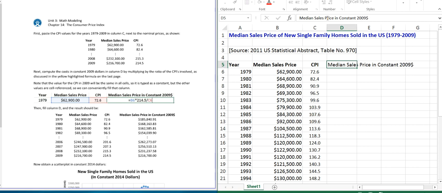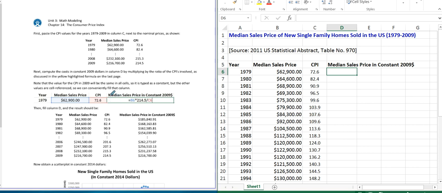So we're going to convert these into constant 2009 dollars. When the median sales price of a home in 1979 was $62,900, we want to ask ourselves, what would that be like paying for a house in the year 2009? So when your aunt and uncle say, oh yeah, we only spent $63,000 for our first house that we bought in 1979, what would that have been equivalent to paying in the year 2009? And we're going to do that for the whole spreadsheet.